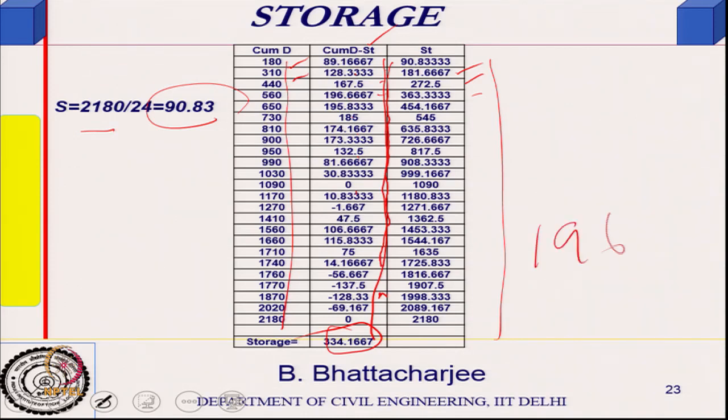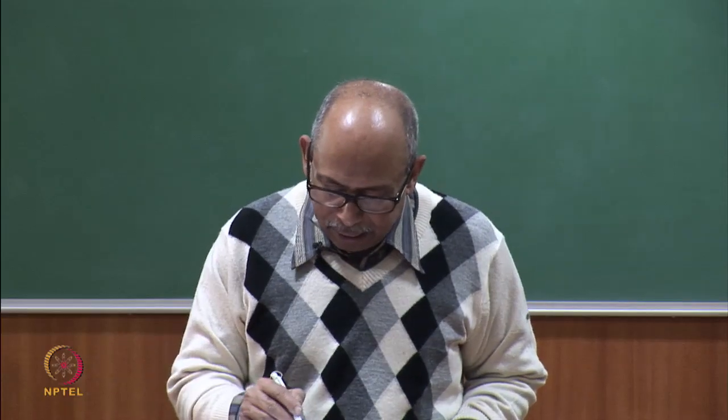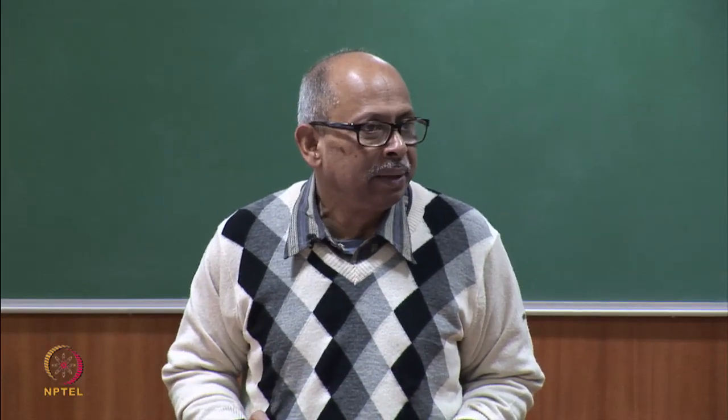So, 196 plus 137, that is how it comes, 334 point something. So, that is the storage capacity I need, and my supply rate is constant here.